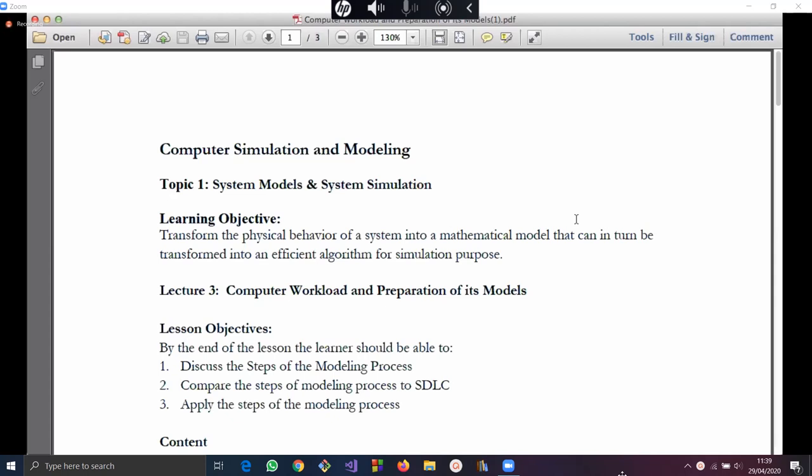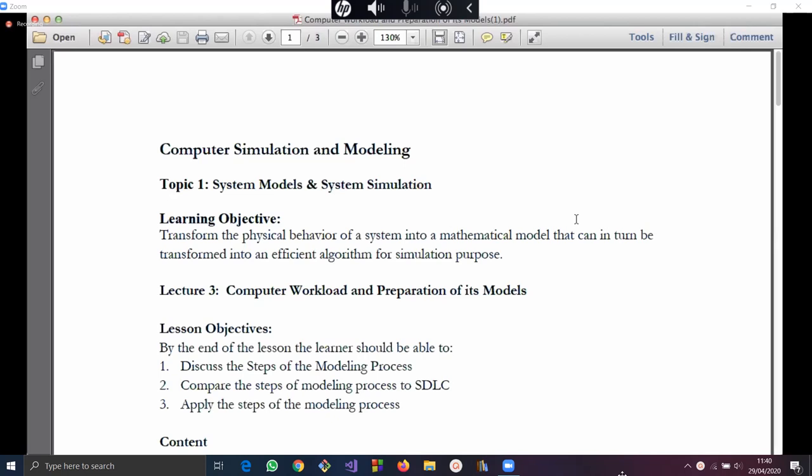Do these two processes, the modeling process and the system development life cycle, follow the same pattern, or do they have some similarities or some divergence? Then ultimately we'll look at where we apply this modeling process. That will form the first part of our lecture today.